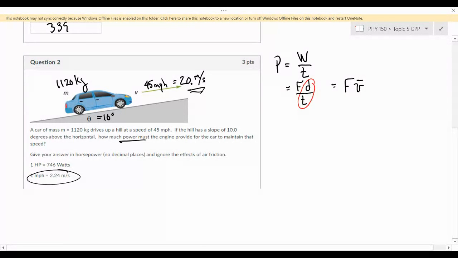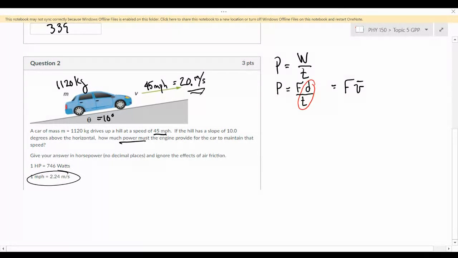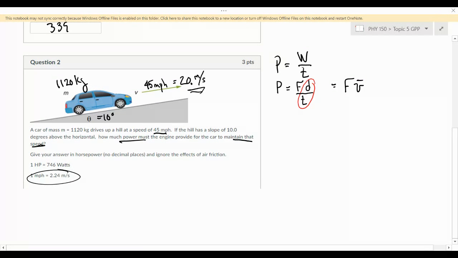So we can actually express power as a function of velocity by saying it's the force times the average velocity. So this car is driving at a constant speed of 45 miles per hour, 20 meters per second, to maintain that speed. And now we need the force. Well, what force does it have to overcome?